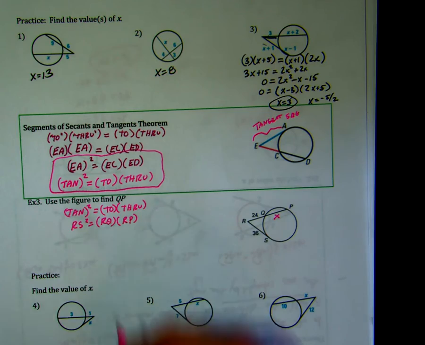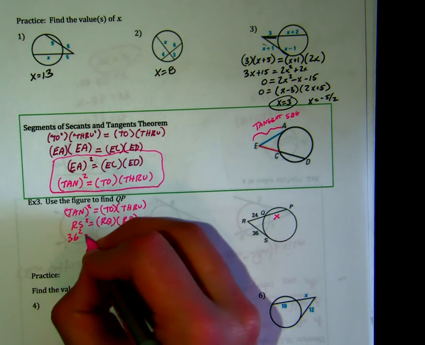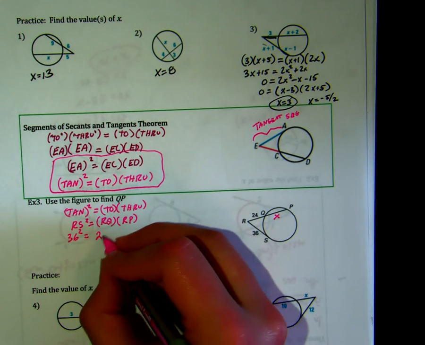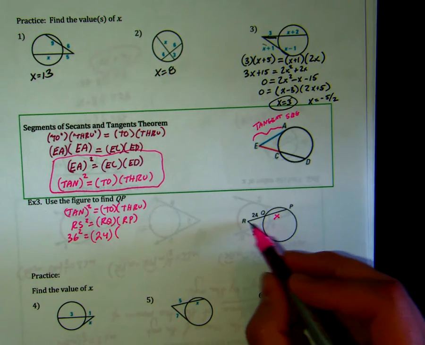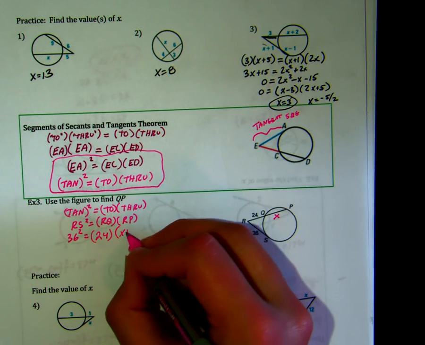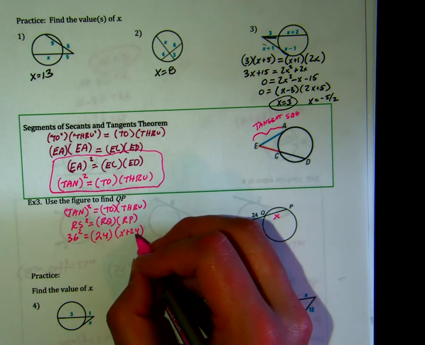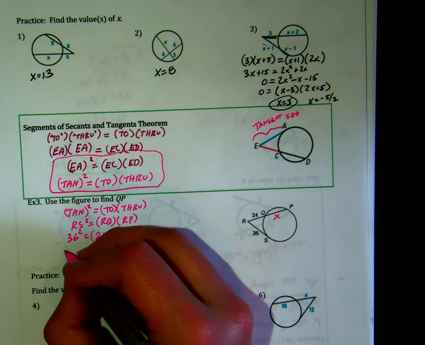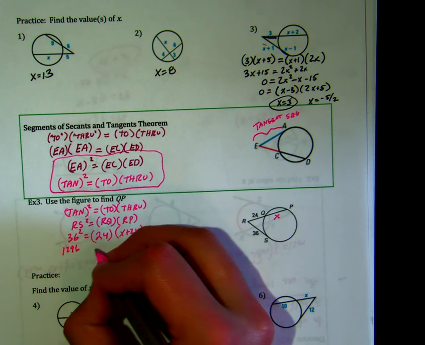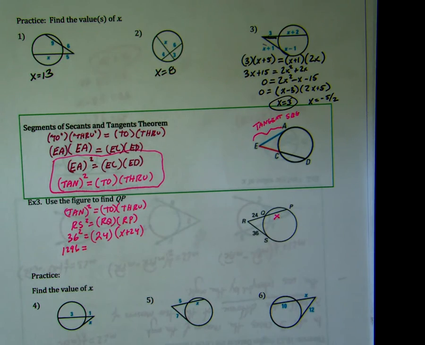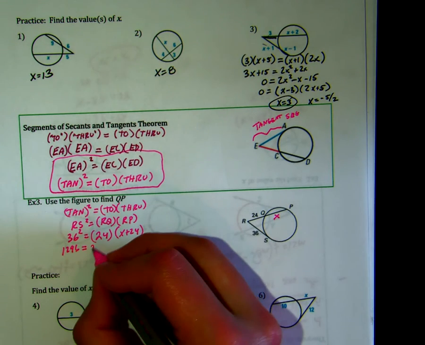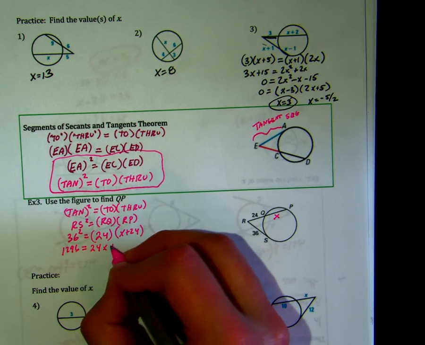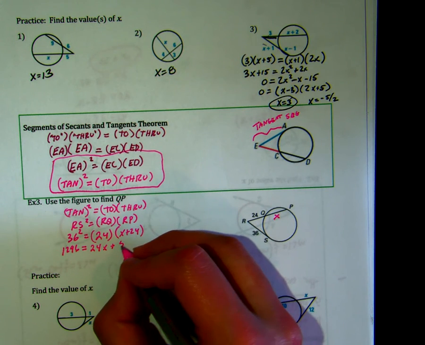So RS is 36. So we have 36 squared. To the circle is 24, and that means all the way through is going to be x plus 24. So 36 squared is 1296. And then this becomes 24x plus 24 squared, which is 576.